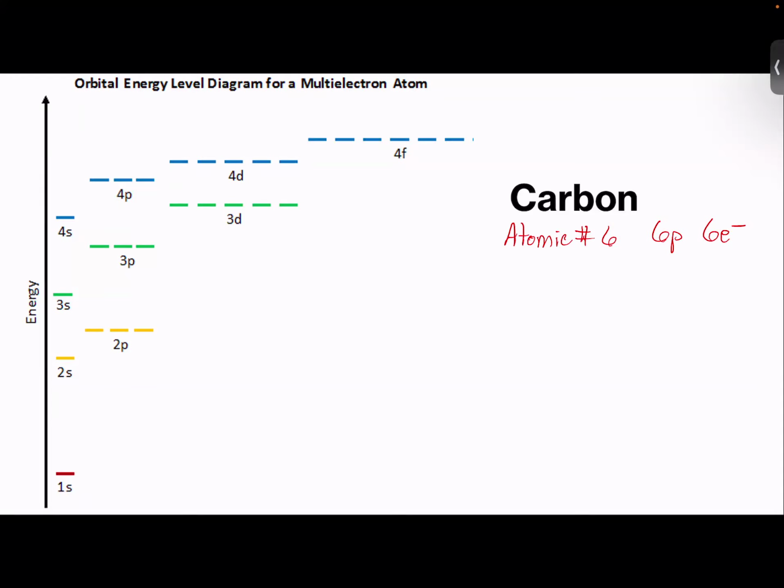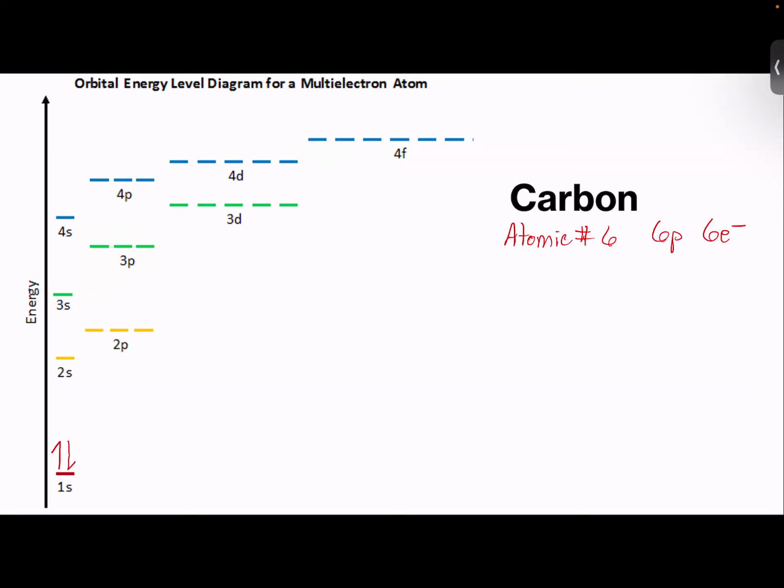The first electron, we put in the 1s and we put it in spin up. Because the 1s is lowest in energy, according to the Aufbau principle, we would then put our second electron in the 1s as well, but this one would be spin down.